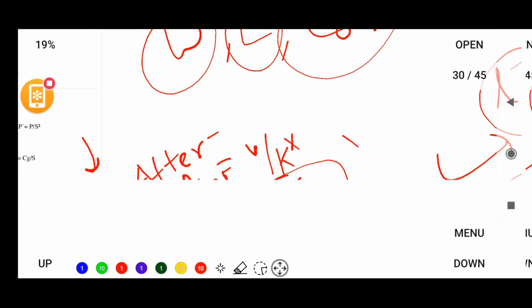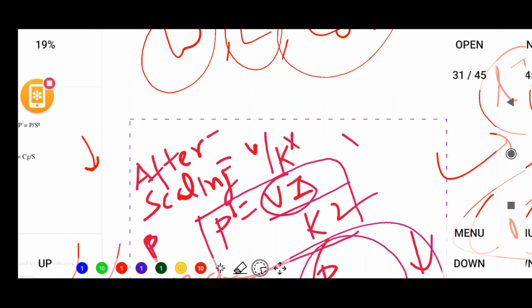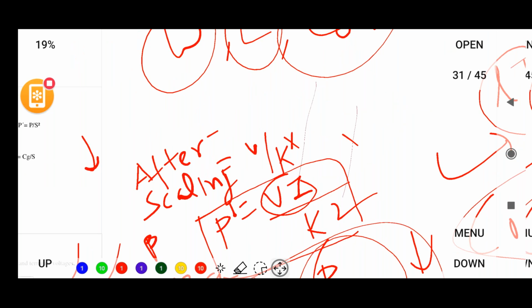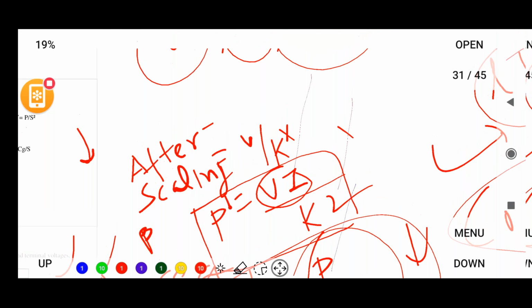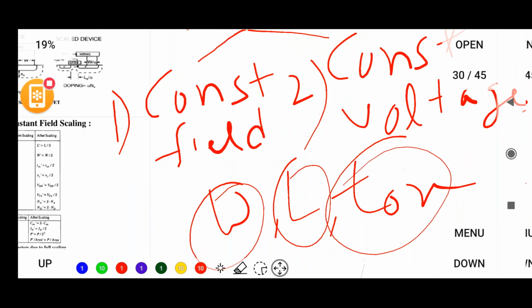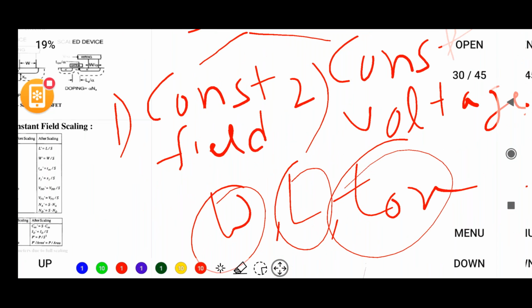Your electric field has changed. That is a problem. How to control this problem? That is possible only with the constant field scaling.